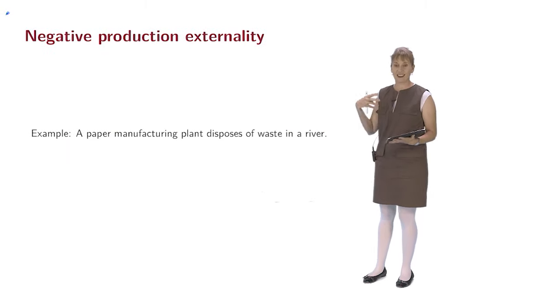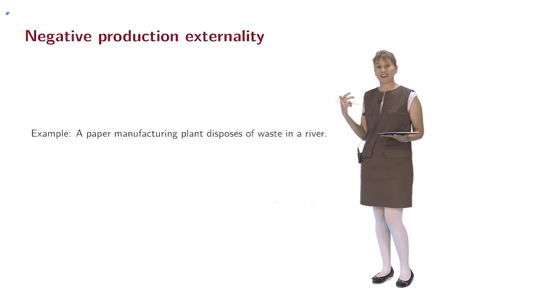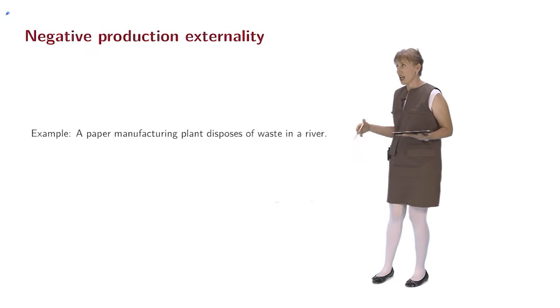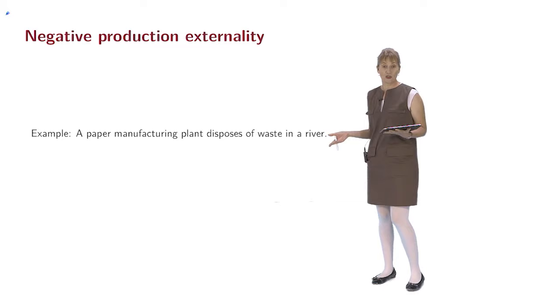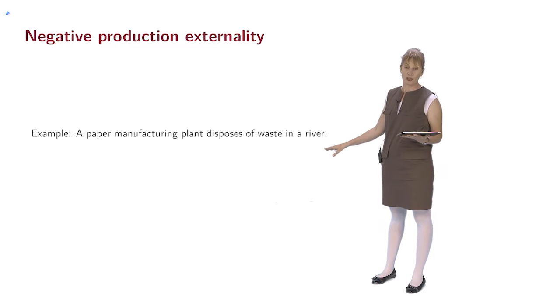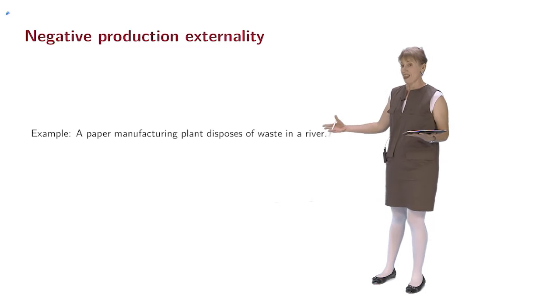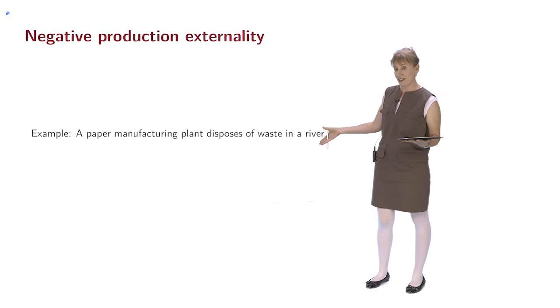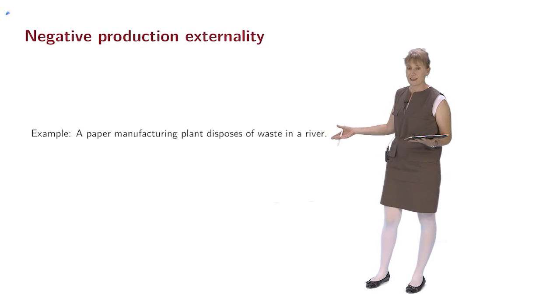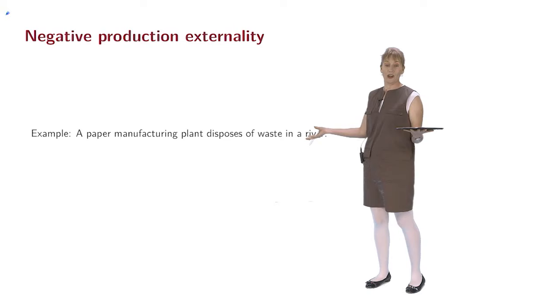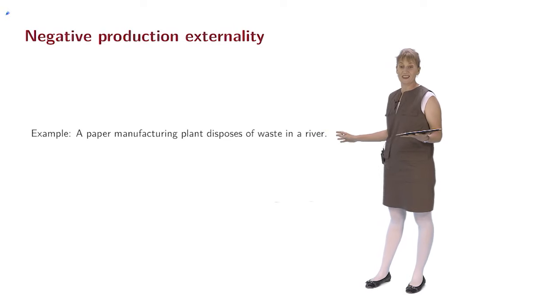Now let's think negatively. Let's think of a negative production externality. Suppose we have a paper manufacturer that disposes of production waste into a river. Then those costs need to be borne by someone else. Somebody else has to face the cost of a polluted river.